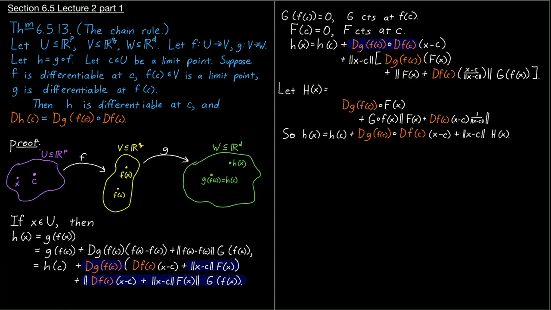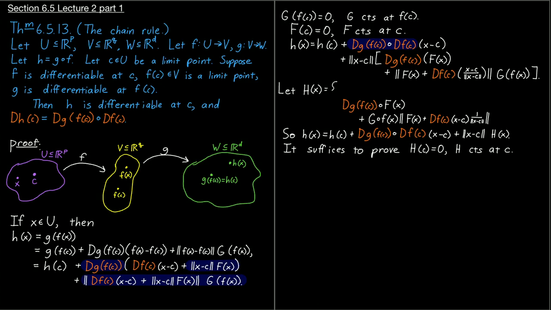So it suffices to prove this. This looks an awful lot like the definition of differentiability. All we need to prove is that our big H satisfies the conditions for a remainder term. Big H of c is 0 and big H is continuous at c.